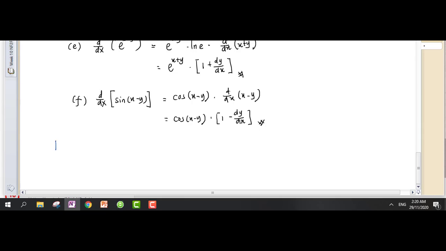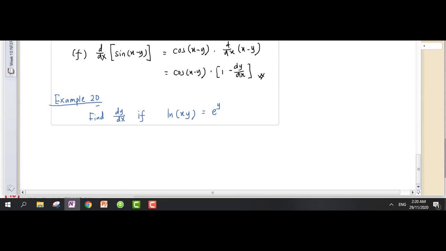For example 20, the difference between this example 20 and 19 is that now the question is asking you to find the first derivative, dy/dx, if you are given ln(xy) equals e^y.